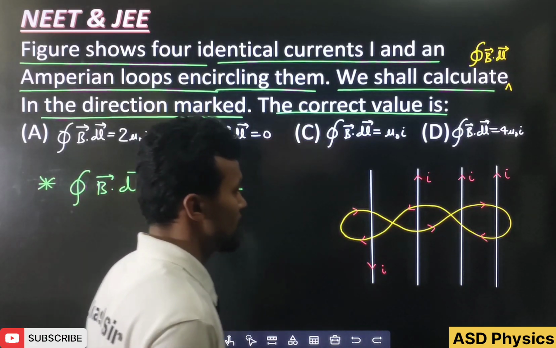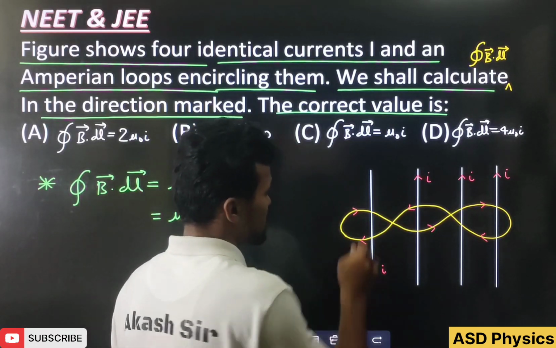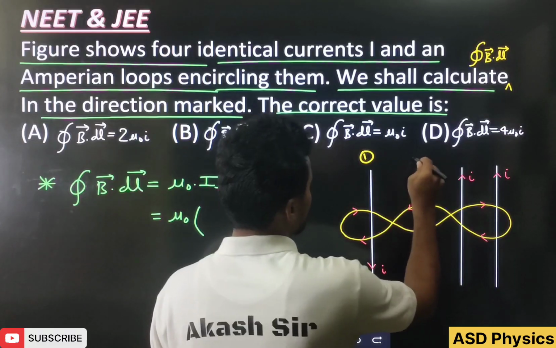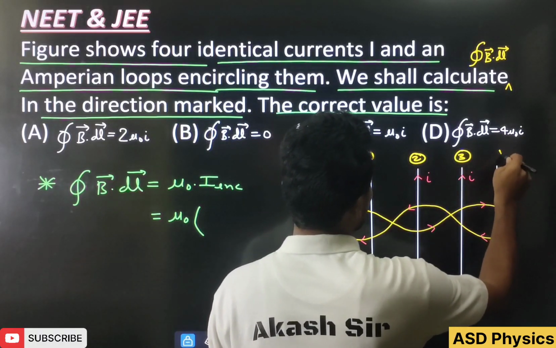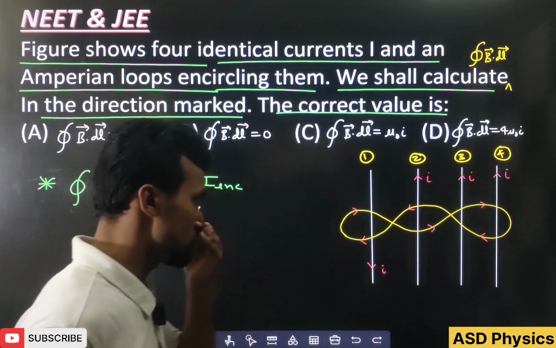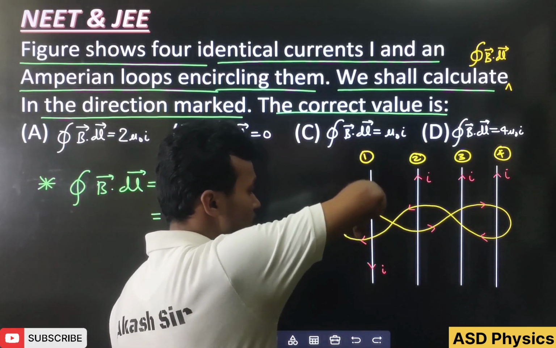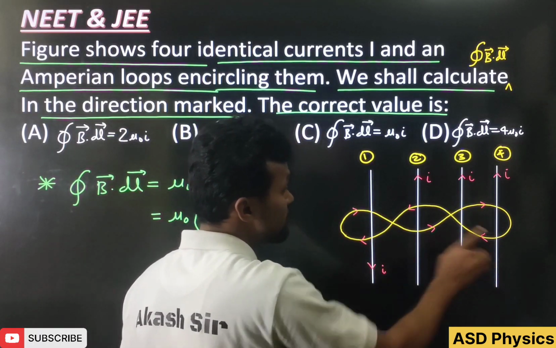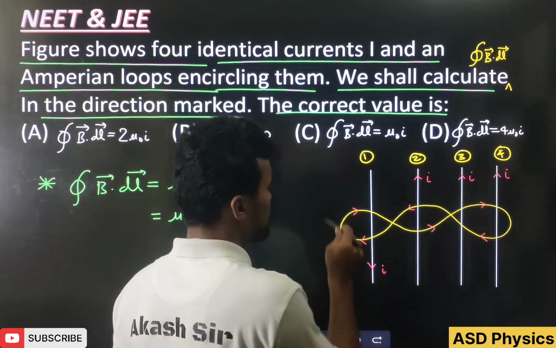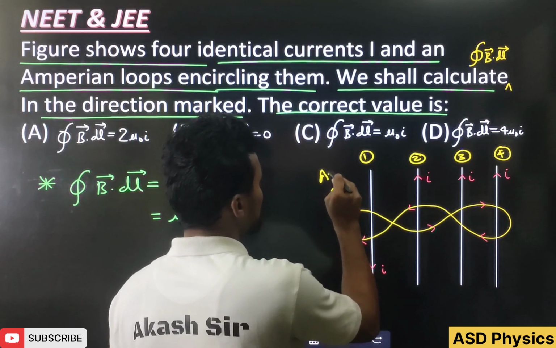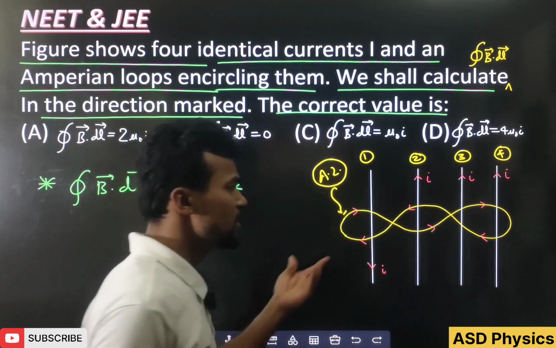Okay, so now I will start one by one. Let's take, I have taken here current 1, current 2, current 3, current 4. Like this I am going to start here. Now kindly see, students, my thumb is along the current. Again this wire is in the Y direction and this Amperian loop is in the ZX plane.